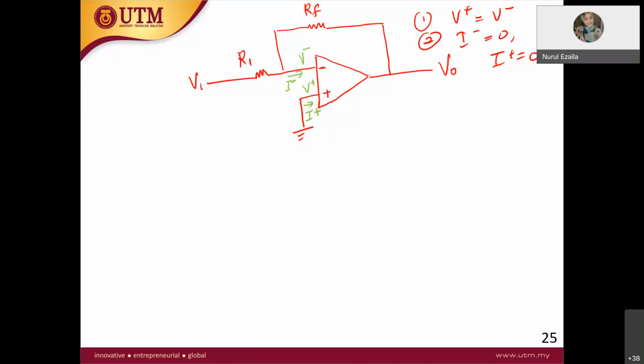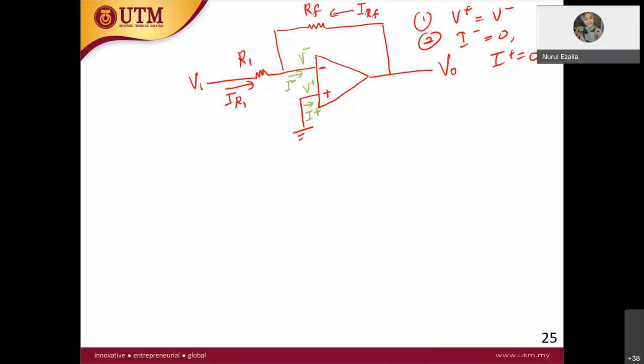Let's make the current here IRF, and the current here, I make it IR1.